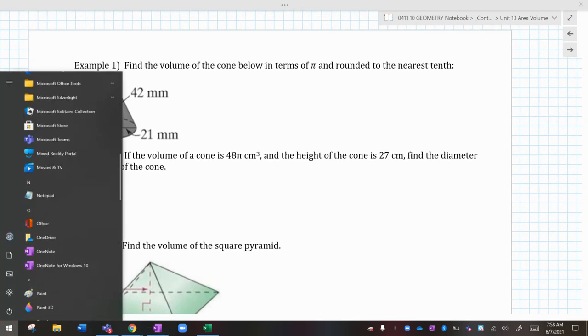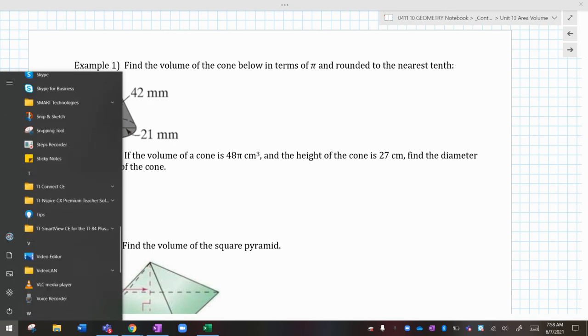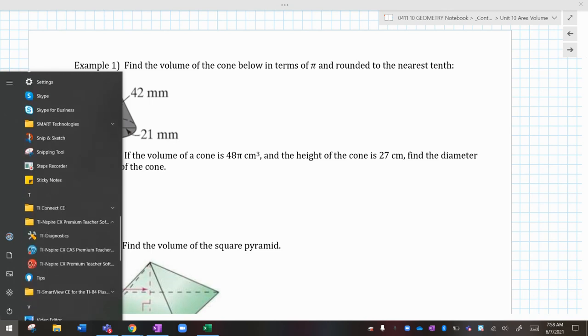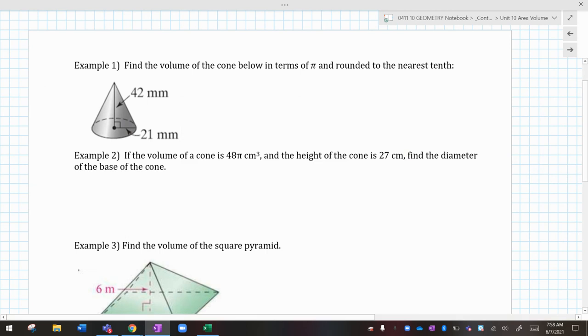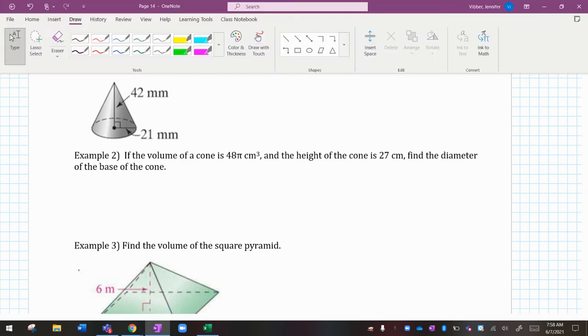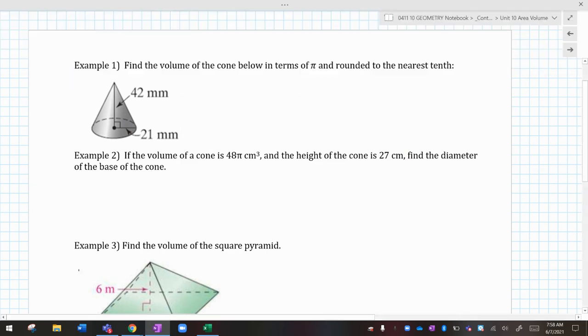And you know what? I'm going to open up my calculator right now so that when I need it, it is available to me. So it says find the volume of the cone below in terms of pi and round it to the nearest tenth. All right, the volume of a cone. Let's write out the formula, 1/3 pi r squared h. So this volume would be 1/3 pi 21 squared times 42.